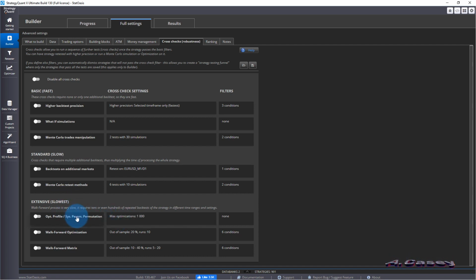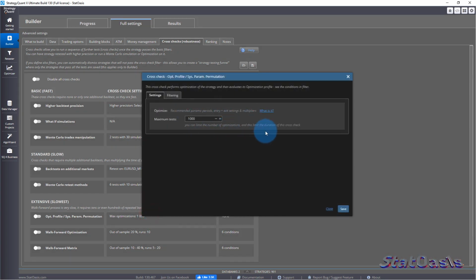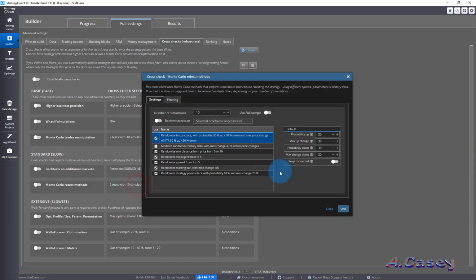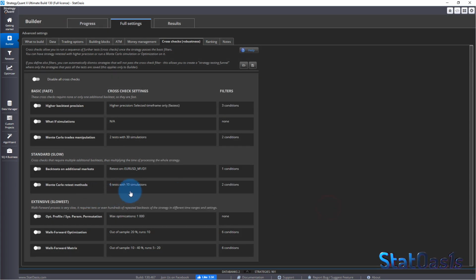The implementation of SPP in SQX is really good. First of all, it's part of this, which you can automate. So that's excellent. And the next part, there's nothing to optimize actually, because SQX will pick the most logical periods to optimize. Like we saw in the Monte Carlo, where we can change the parameters and we can change the price, this one is fixed.